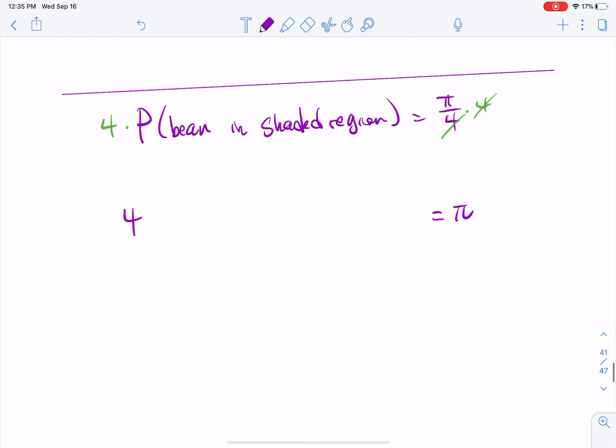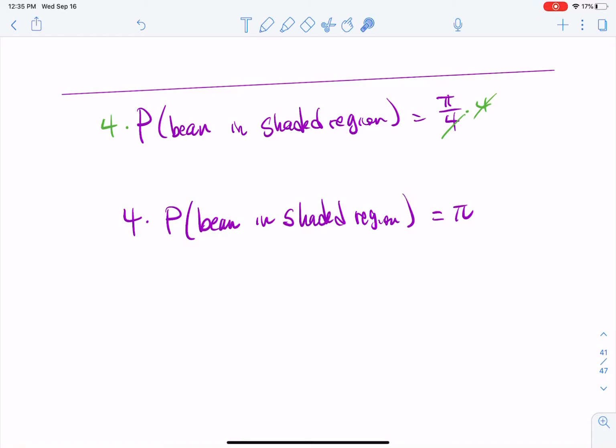So 4 times the probability of a bean in the shaded area should be exactly equal to pi. Now, if we use the theoretical probability here and multiply it by 4, we'll always get the number pi. But what we are going to do is conduct this portion of it experimentally.